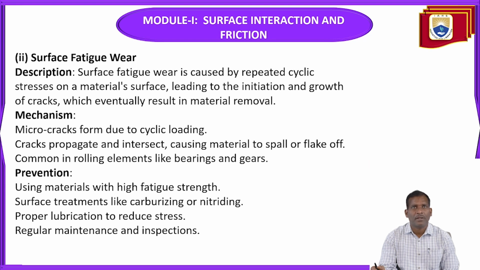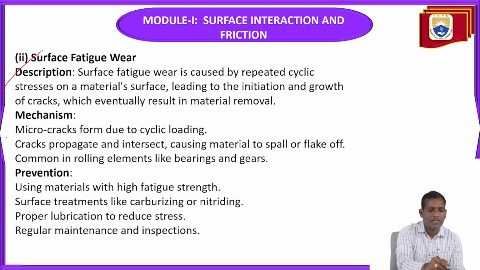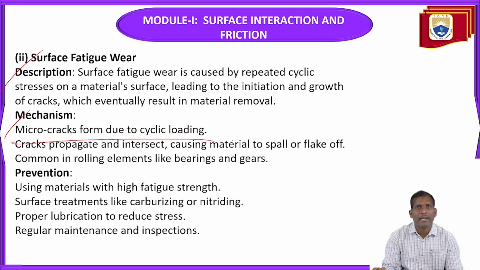Next, surface fatigue wear. In the previous question you already studied this. This wear is caused by repeated cyclic stresses on a material surface, leading to the initiation and growth of cracks, which eventually result in material removal. The mechanism is micro cracks formed due to cyclic loading.